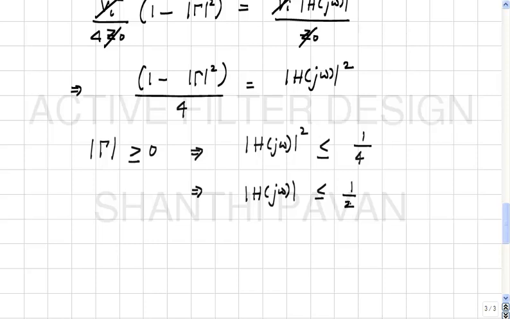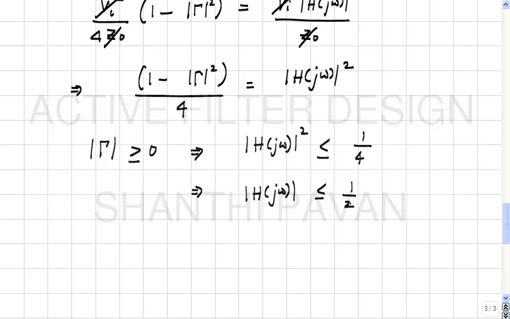Just because the DC gain is smaller than half doesn't mean that the gain at higher frequencies cannot be. In general, if you have a network and the DC gain is less than 1, does it mean that the gain will be less than 1 at all frequencies? No, right? You can have tuned circuits where the gain can be much higher than 1 at some frequency in the middle.